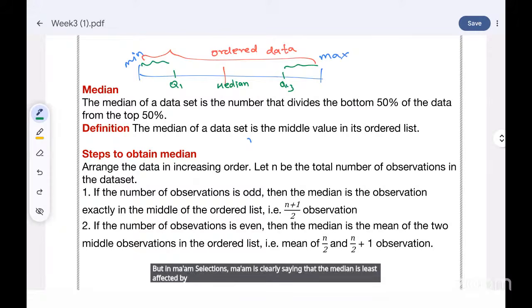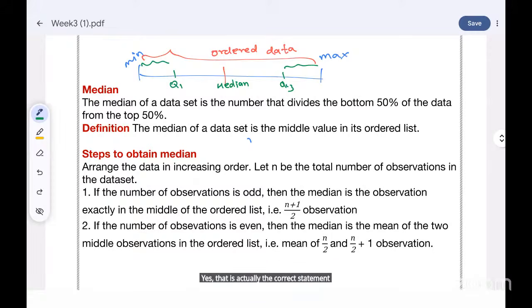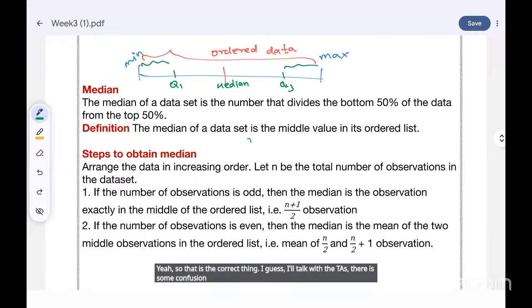Yes, that is actually the correct statement. So that is the correct thing. I'll talk with the TAs. There is some confusion, sorry about that. The specific problems they were discussing, I will tell them to discuss again, and maybe in the doubt session on Sunday we can discuss them again.